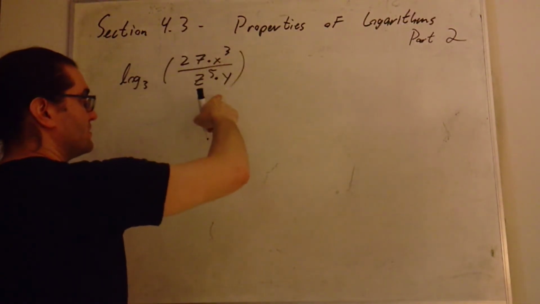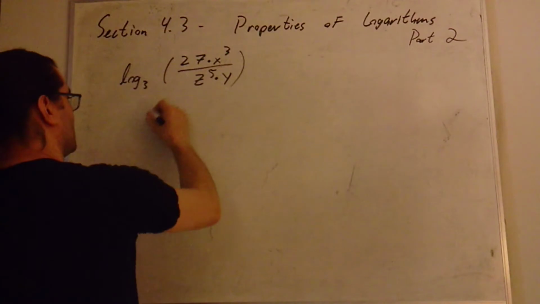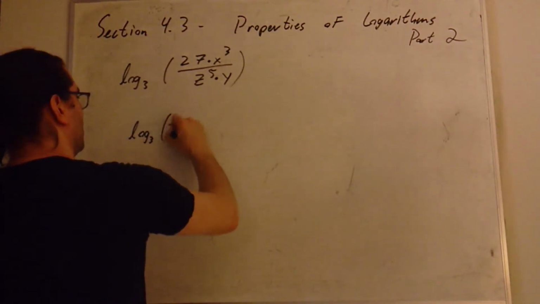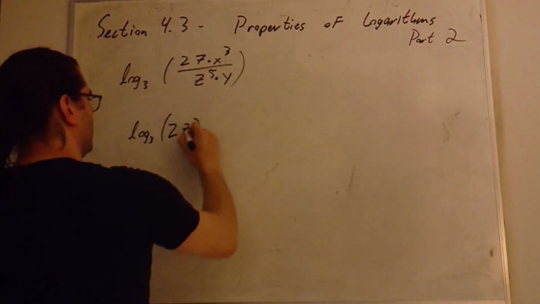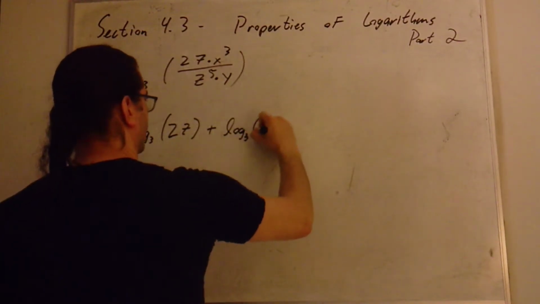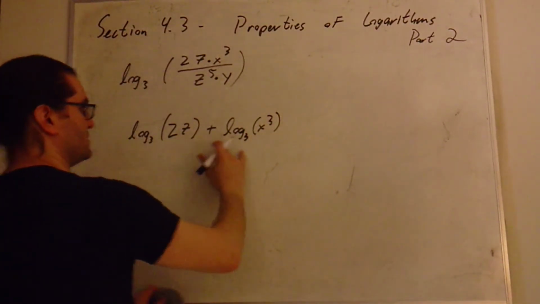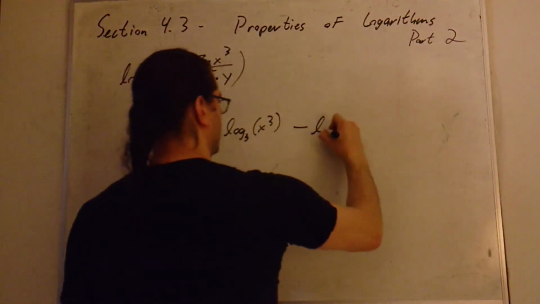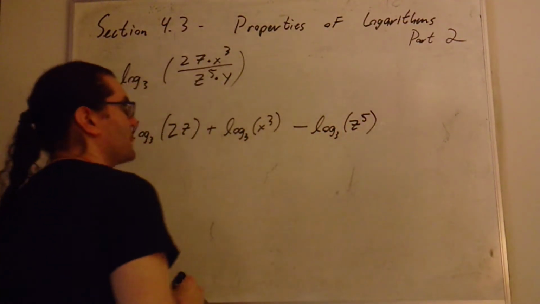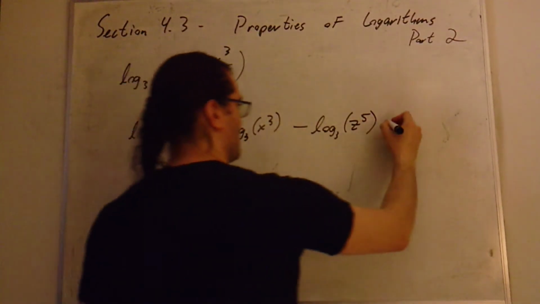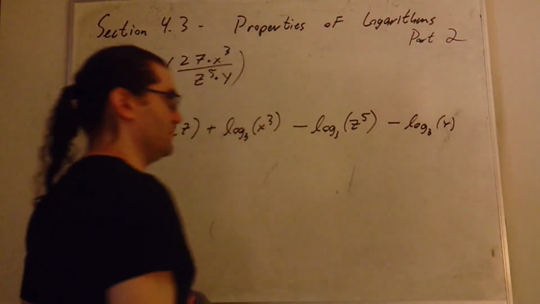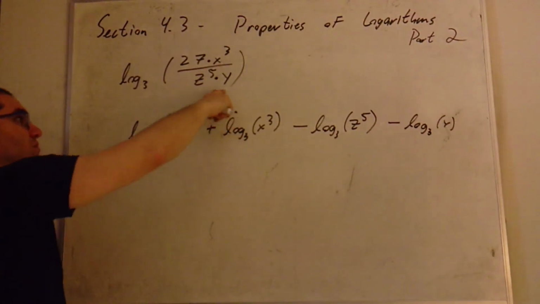So if you expand this one with that y there, 27 plus x cubed, because this is multiplication, minus the log of z to the 5th, it has to be minus the log base 3 of y as well, because y is also dividing.